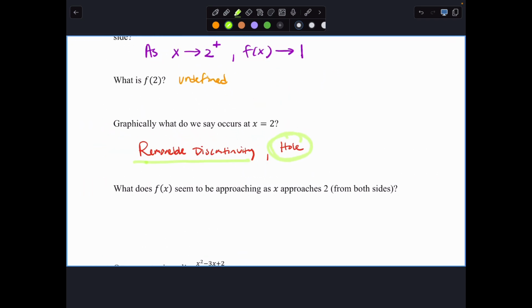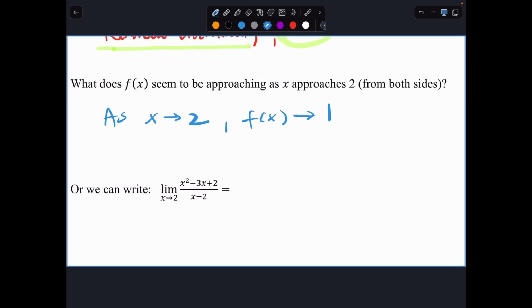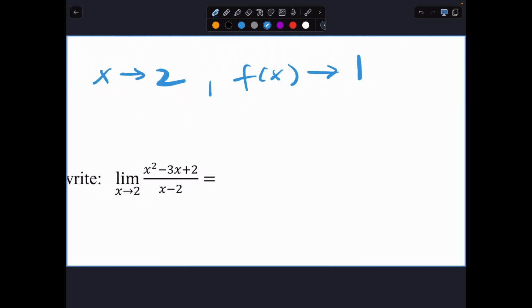Okay, so putting this all together, what does f of x seem to be approaching as x approaches 2 from both sides? As x approaches 2, where if there's no notation in that exponent position, it means as x approaches 2 from the left and the right, f of x seems to be approaching 1, which can also be written as the limit as x approaches 2 of this rational function is equal to 1.